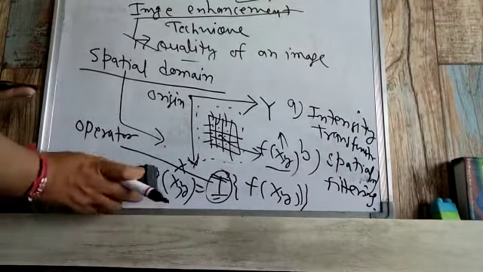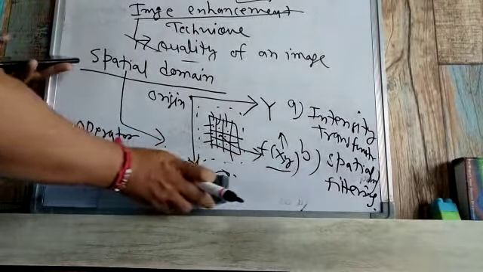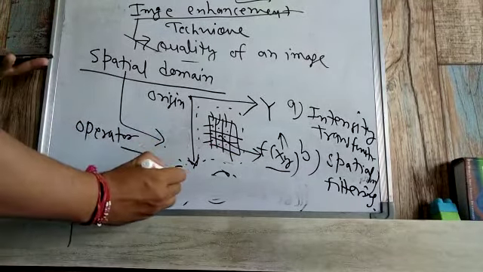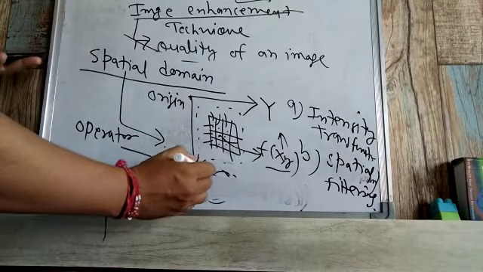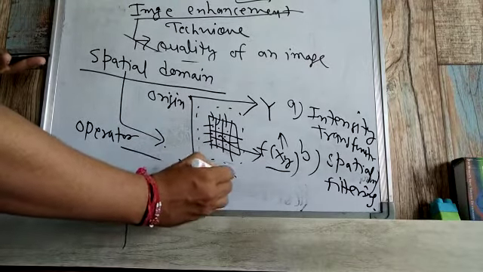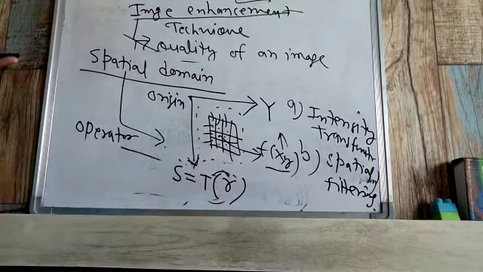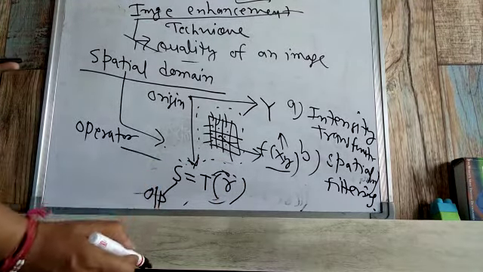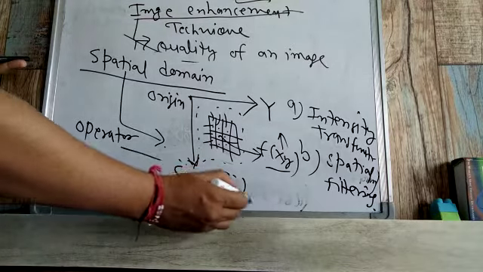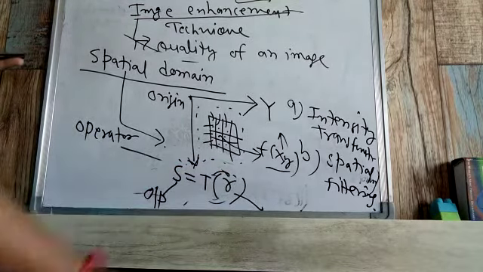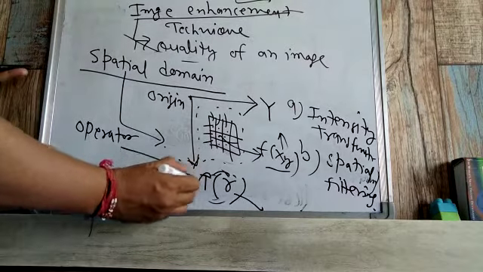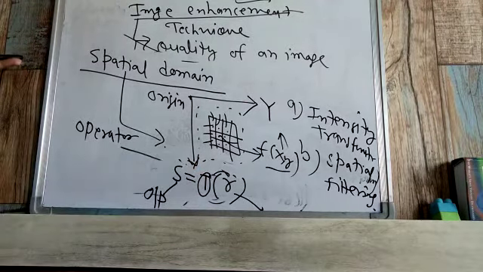Sometimes you write the same equation as g of x, y equal to T of x, y, or you obtain your resultant image S by applying T over r. S is your output image pixel value, r is your input image pixel value, and T is your transformation, or you can say operator.